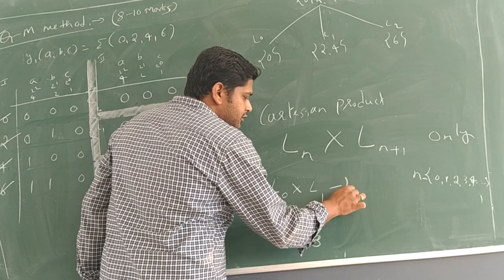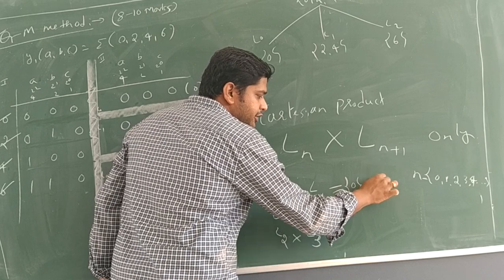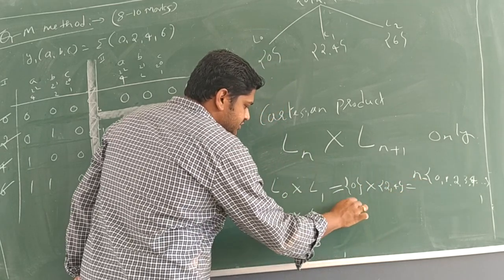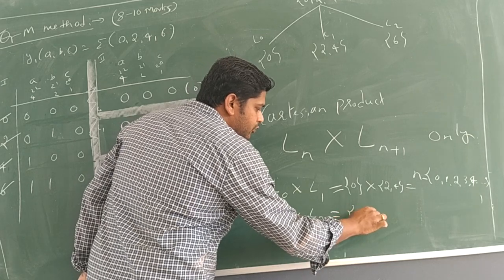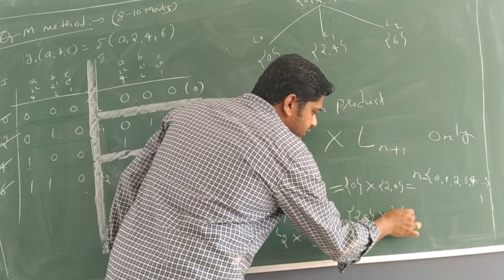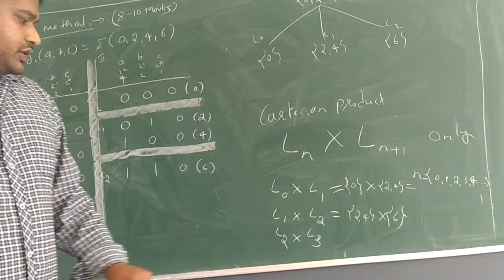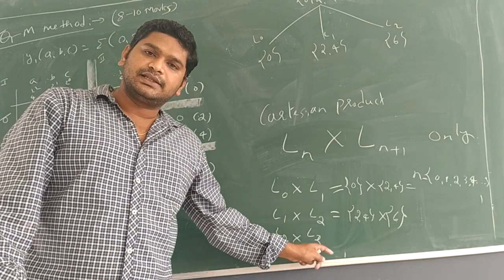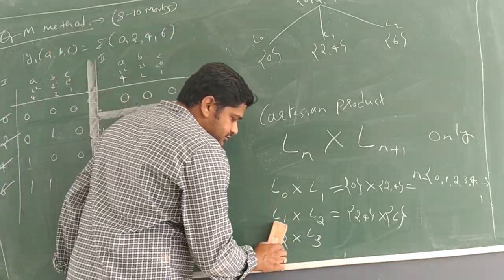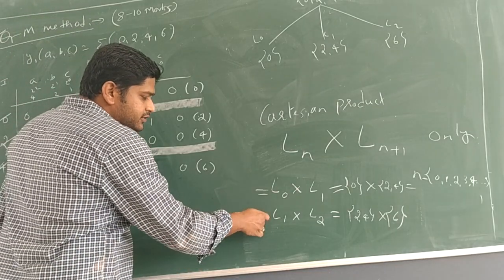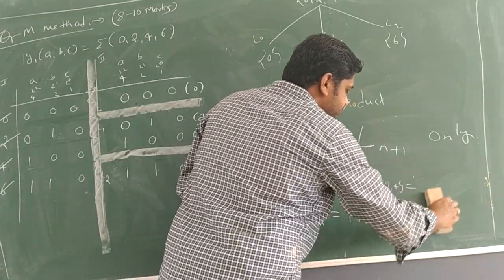So here 0 into 2, 4. Next, 2, 4 into 6 in the other set. So there is no L3, hence L2 with L3 will not exist. Now let us write the possibilities.